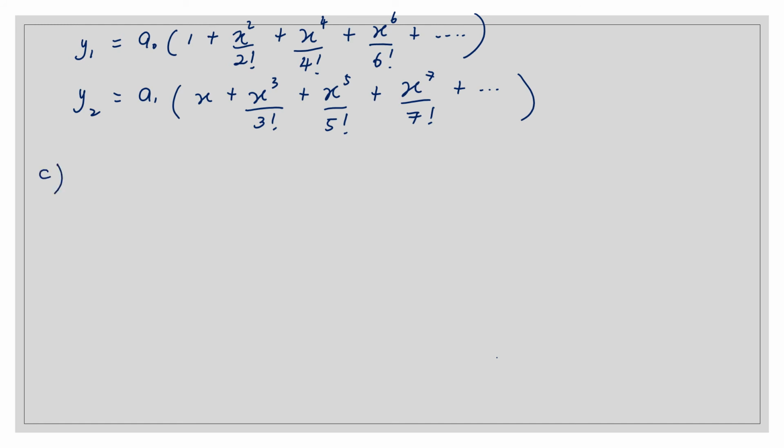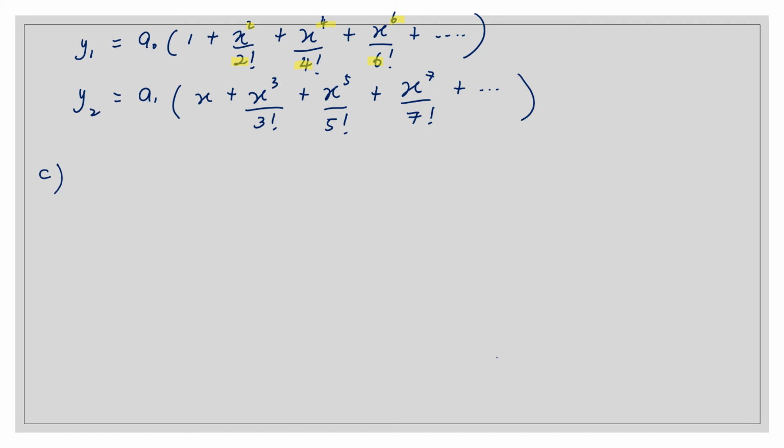For question C, the question asks, if possible, find the general term in each solution. For y1 we can see that it only involves the even powers of x and also even factorials.